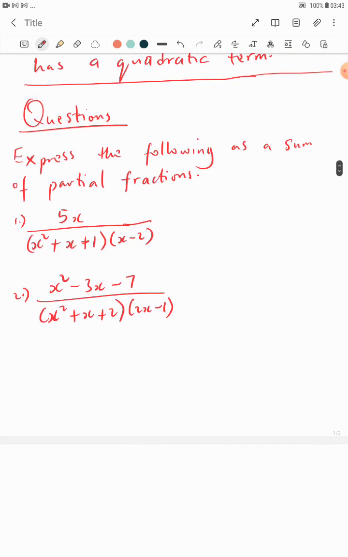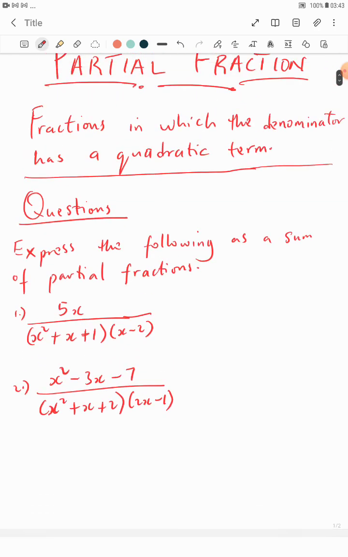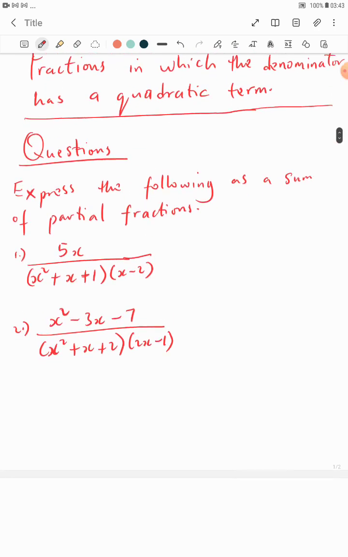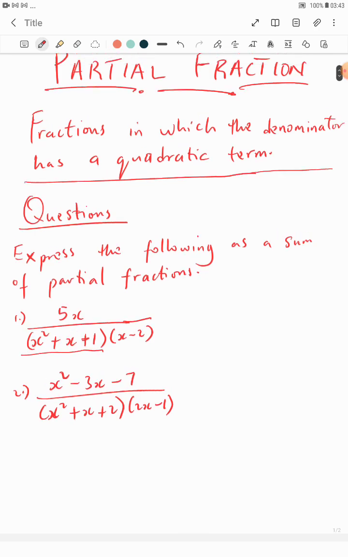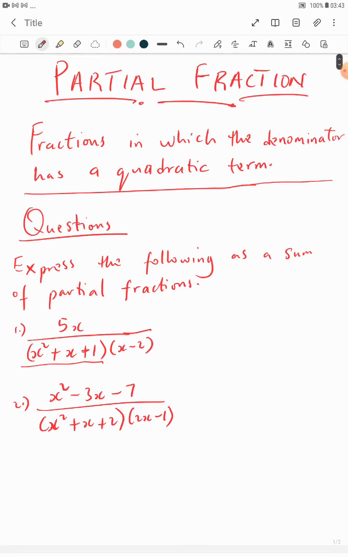So now, what we mean by this is that when you check the denominator of the rational fraction, you see that we have a quadratic term in it.